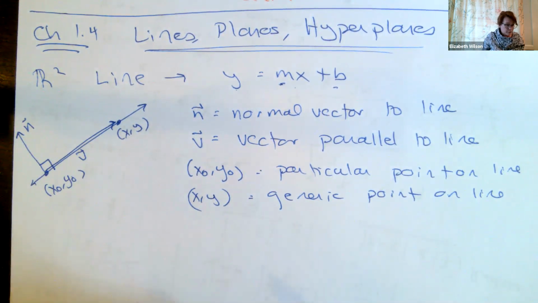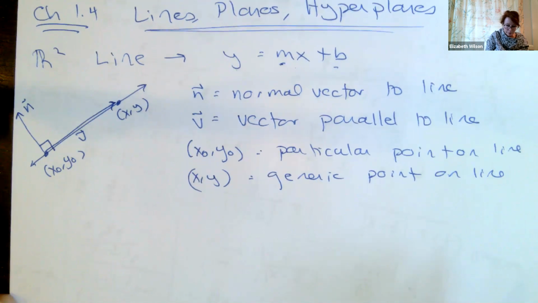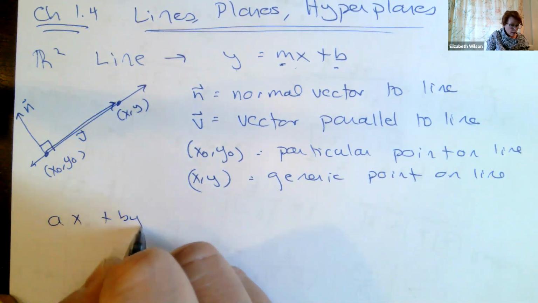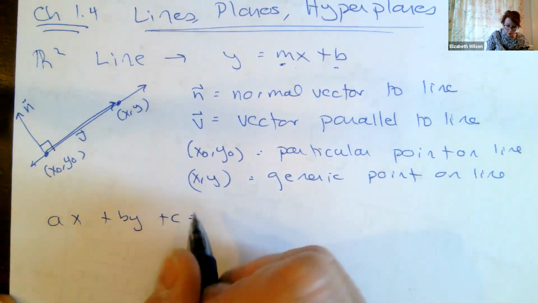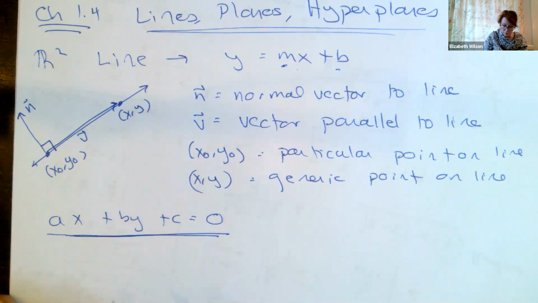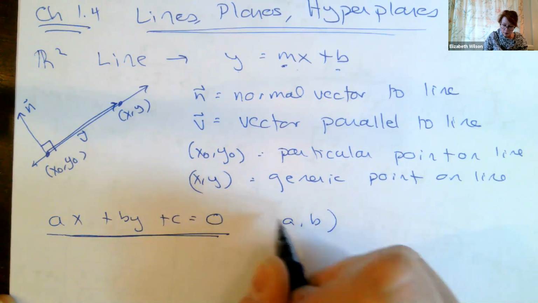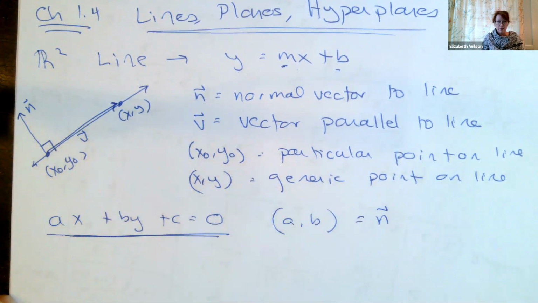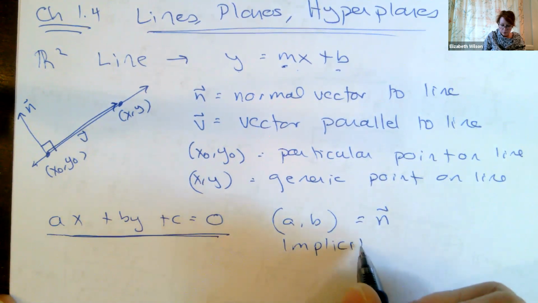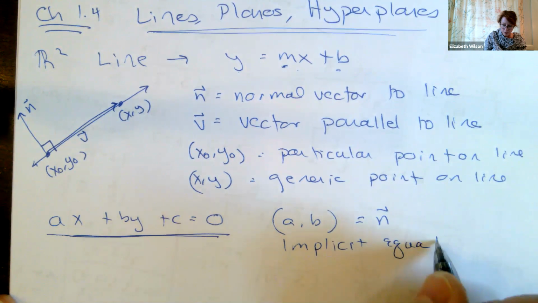Okay, so now I can write my line as ax plus by plus c equals 0, where a and b are the components of our normal vector. It's what we call an implicit equation. We're going to talk about why that is.